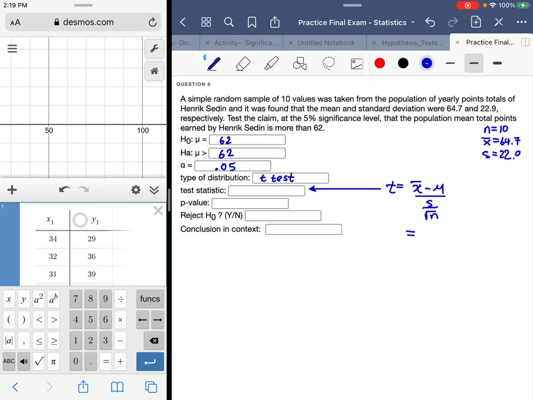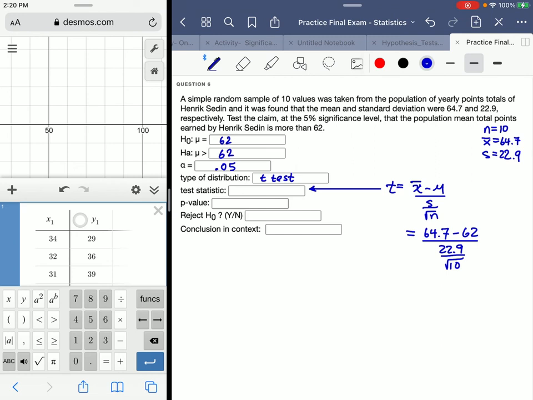So you could just pop that information in, along with the assumed value for mu, 64.7 minus 62 over, for equality, over 22.9 over the square root of 10. That's assuming you wanted to do it by hand.